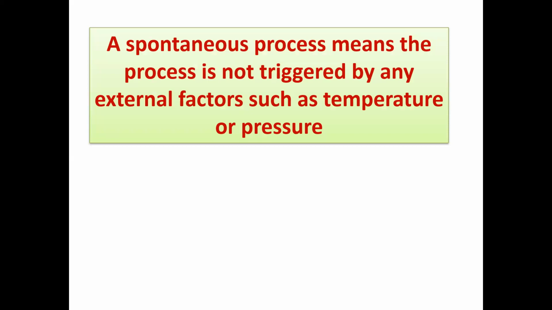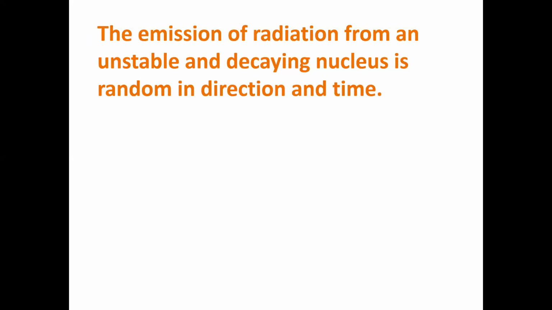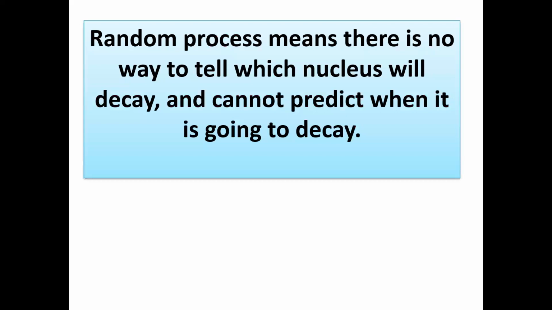Spontaneous means the process is not triggered by any external factor like temperature or pressure. So what is the meaning of random? That there is an equal probability of decay of any nucleus. So now you have to copy this screen.